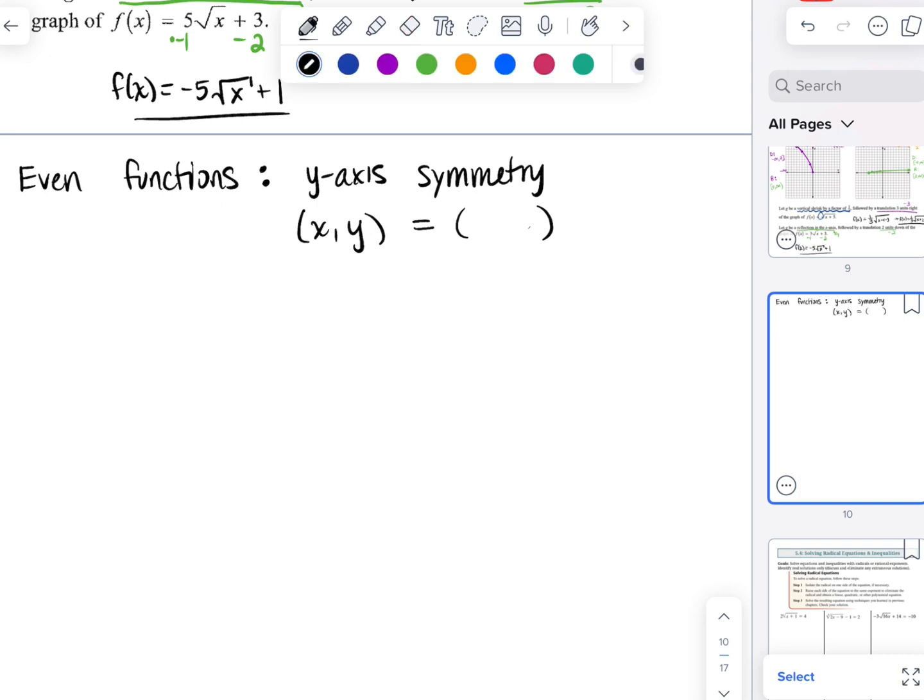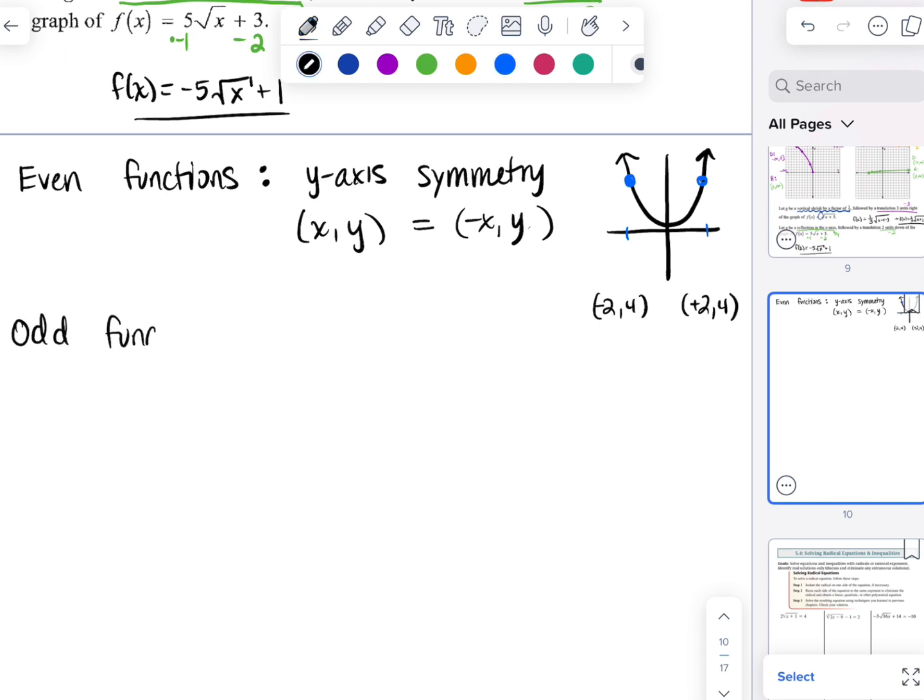There's an equivalent point at -x comma y. A classic function that has even symmetry is the parabola. All right, because for example, there's a point at 2, 4, and there's also a point at -2, 4. And just because I don't want your mind to be totally melded, I will put the negative on the left side and I'll put the positive on the right side. That's even symmetry.